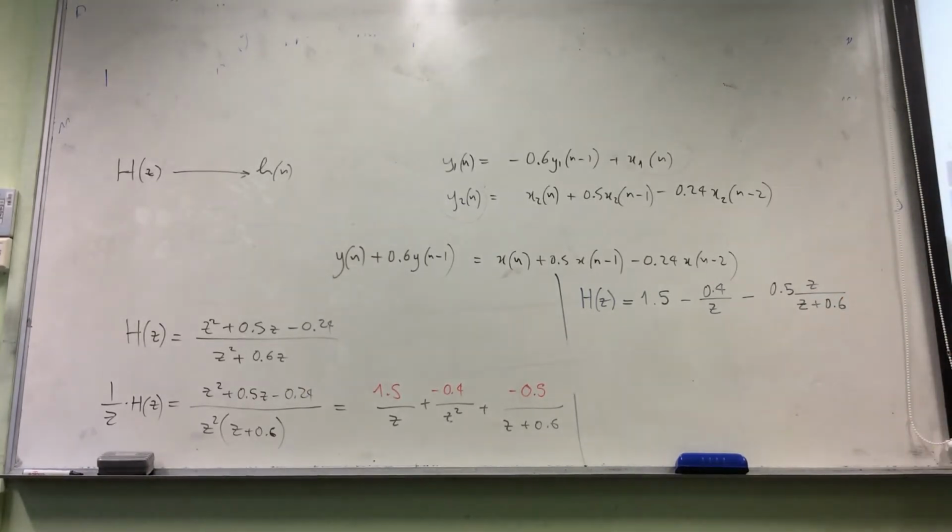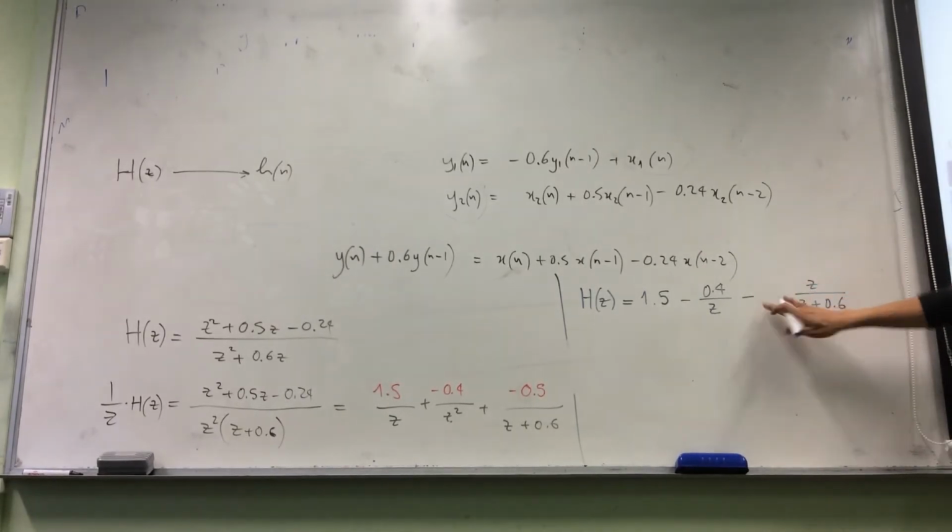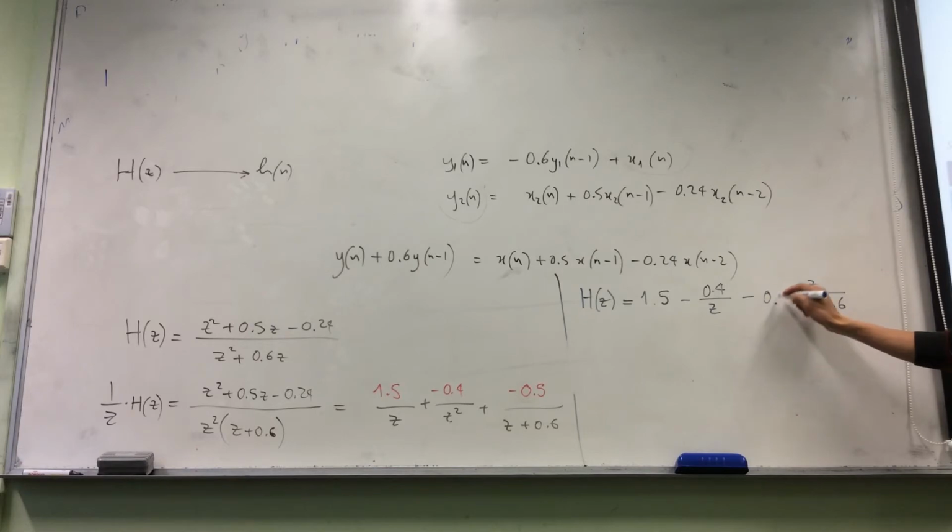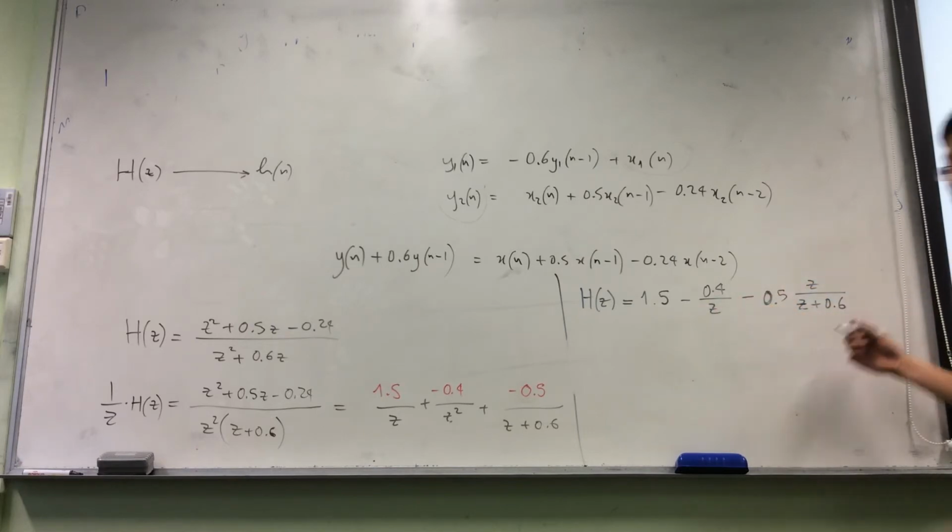Just put z back, or multiply both sides by z. So you got this. Now from this you can get the impulse response from the formula sheet. Each one here will be inside the formula sheet.